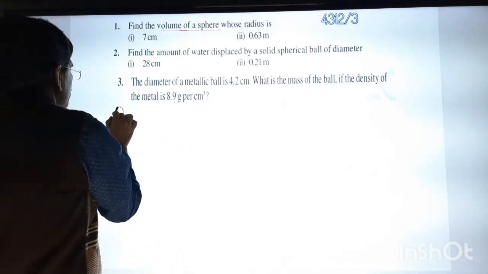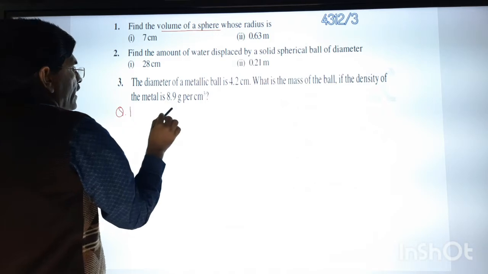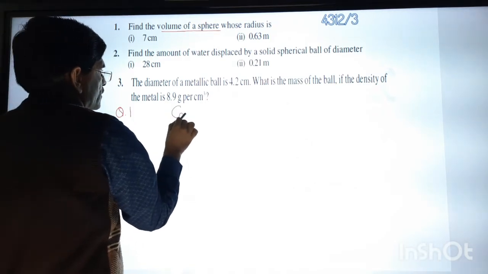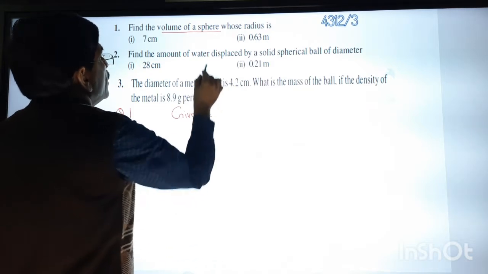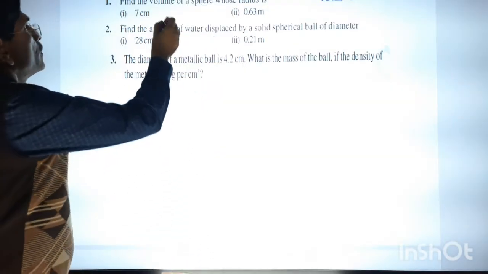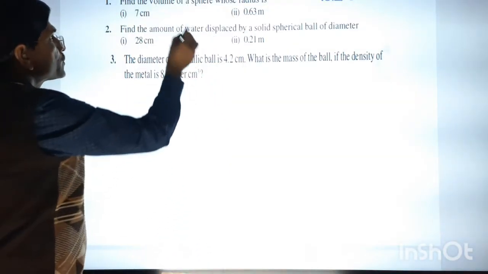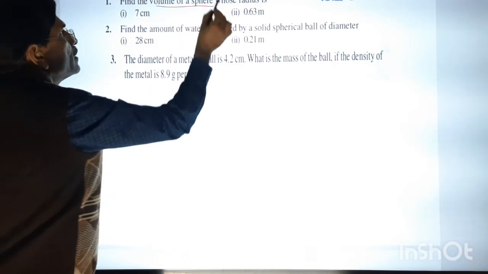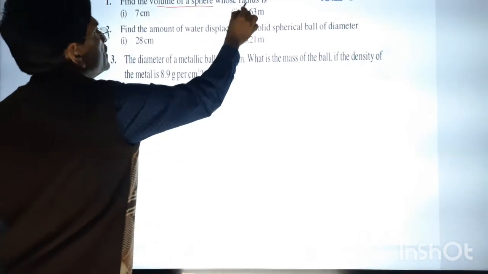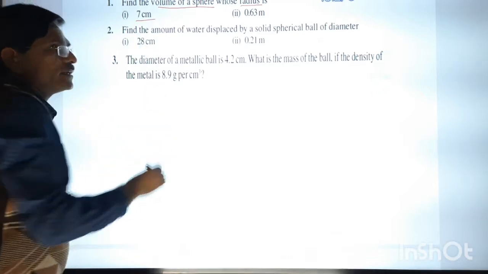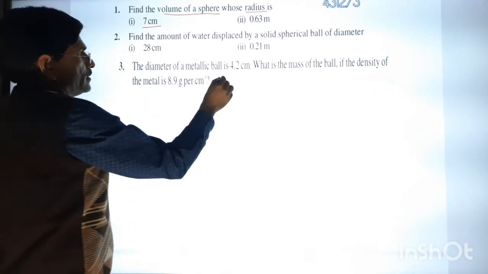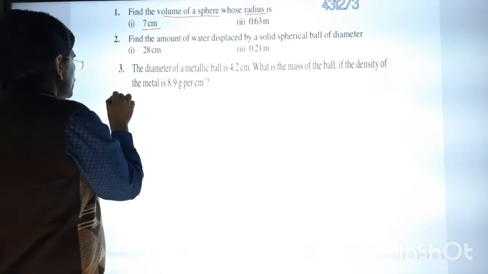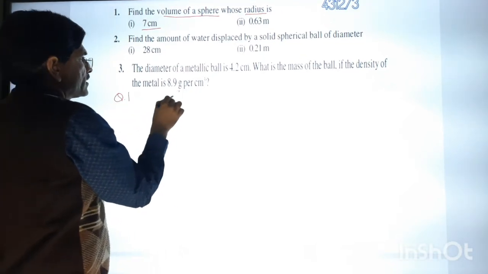Question number 1. What is given, that we have to write first. That is the radius. So find the volume of a sphere with radius 7 centimeter. What is given?